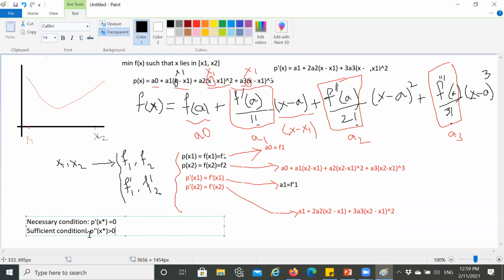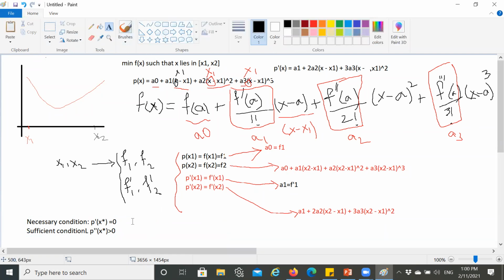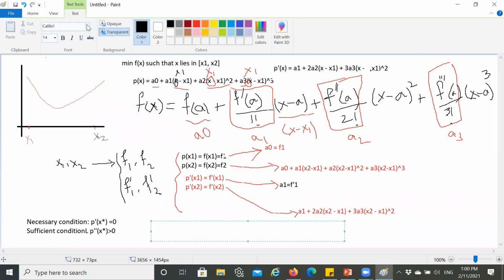So basically what we have to do now is, from these 4 equations, we have to find A0, A1, A2, and A3. We can find it, okay? Once we know A0, A1, A2, A3, to find the local minimum, we take the first derivative at some point x0, and this should be equal to 0. So let's write it here.